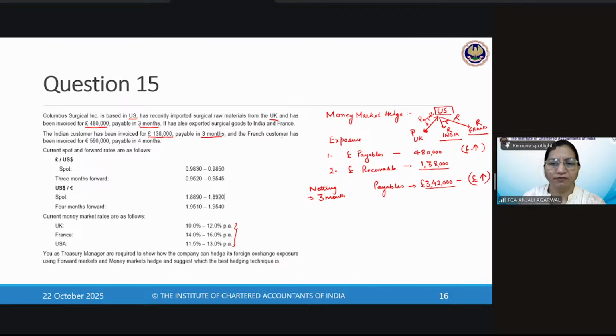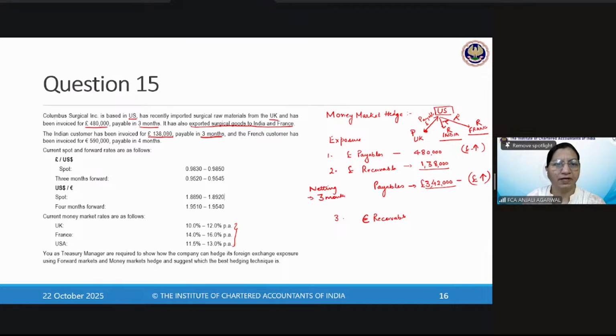And from the French customer, he has been invoiced euro 590 payable in 4 months. So third is euro receivables. The word written is payable, but we know that this US company has exported surgical goods to India and France.